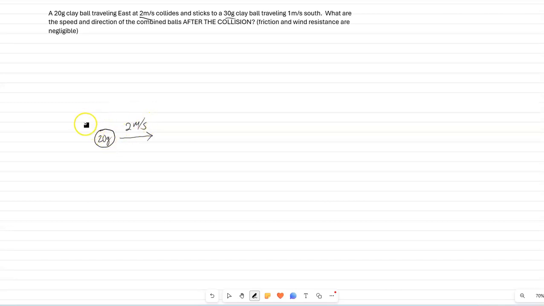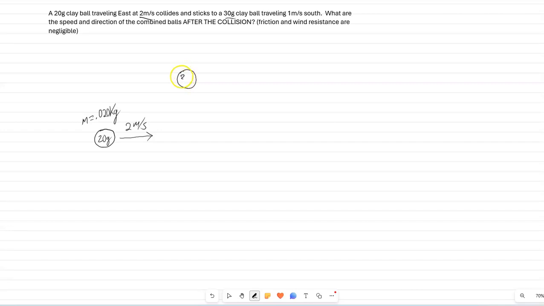I'm going to take that mass and convert it to kilograms. I'm going to move the decimal place 3 places, 0.020 kilograms. And it's going to be moving east, and it's going to collide and stick with a 30-gram clay ball traveling to the south. So let me add that here.